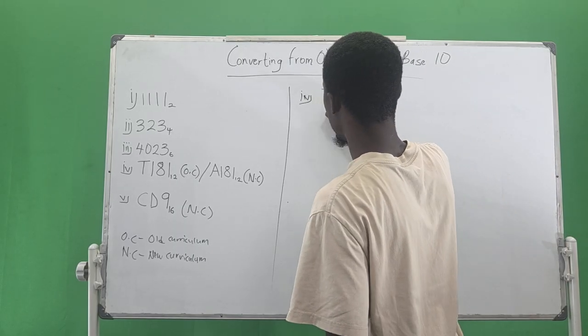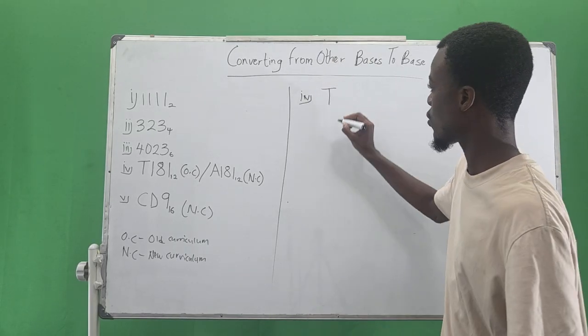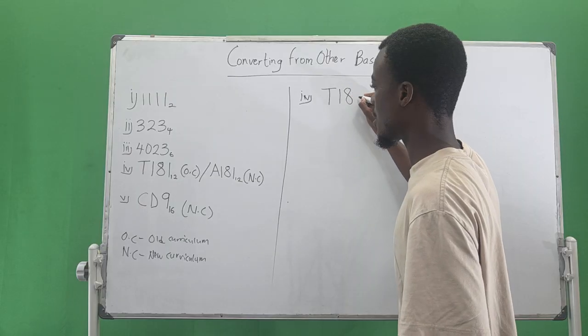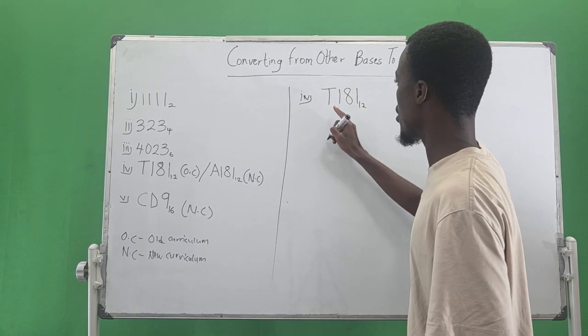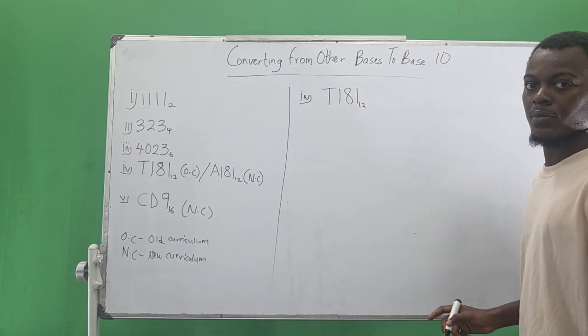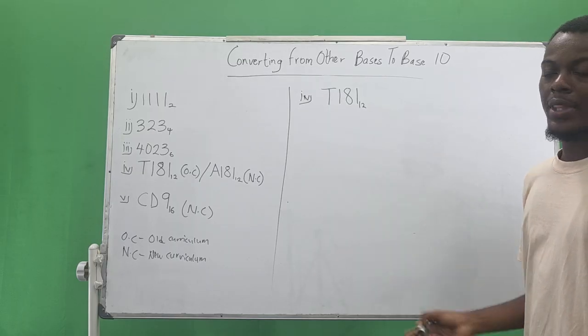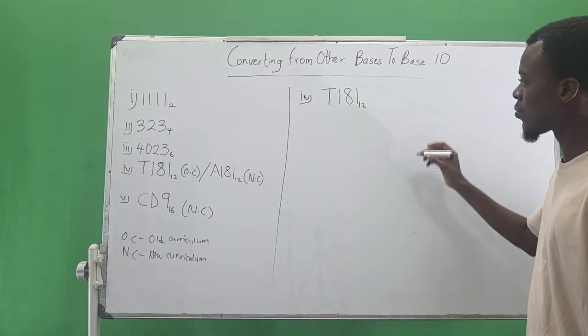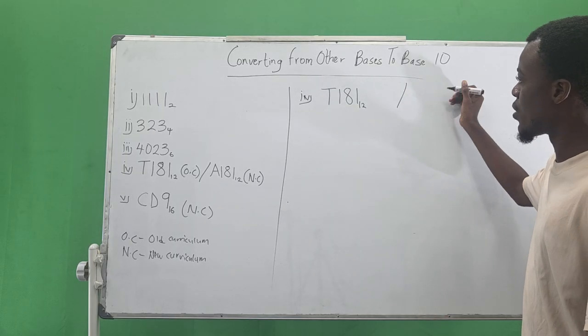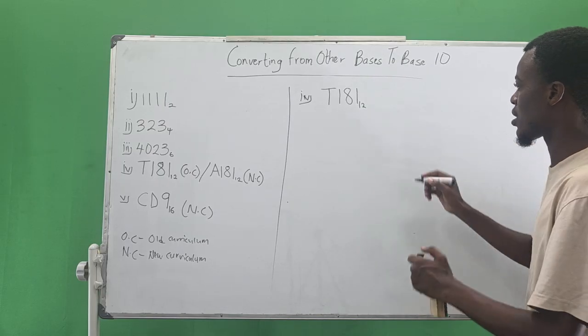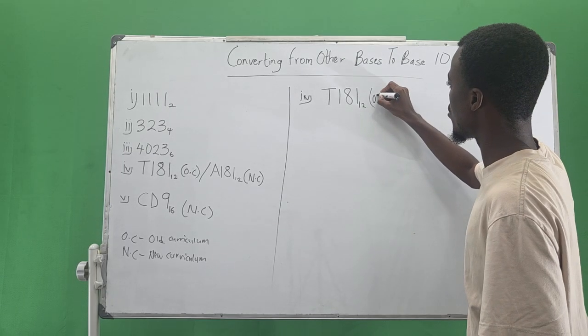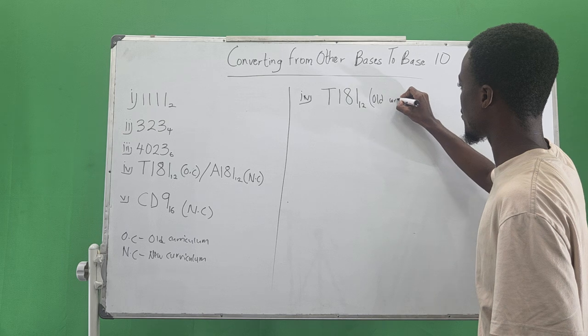So, first, it was written as what? T181 base 12, where T is equal to what? T is equal to 10, base 10. Okay. And the same way for the new curriculum. So this is the old curriculum.